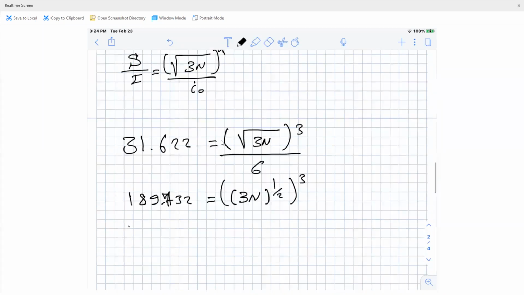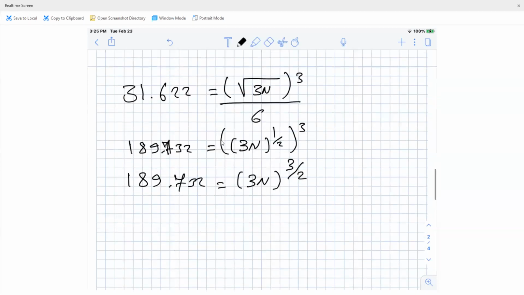In other words, 189.732 equals 3n raised to power 3 over 2. Okay, now how we are going to get rid of the 3 over 2? We are going to raise both sides of the equation to 2 over 3.